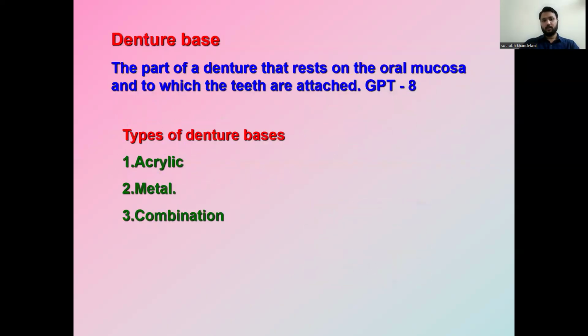Just to discuss lightly, why not whole metal or whole acrylic? Basically, the idea behind it is we want to reduce the acrylic part, but at the same time not go whole metal, because in any case we may want to reline it or reduce the denture base. If the denture base is made of metal, it will be very difficult for us to reline or reduce it.